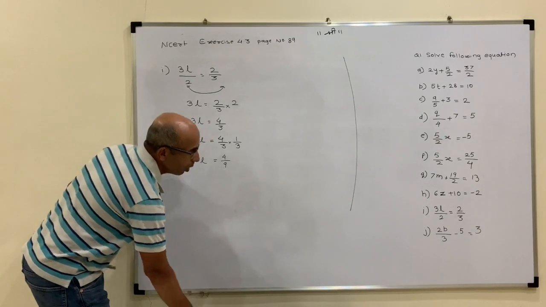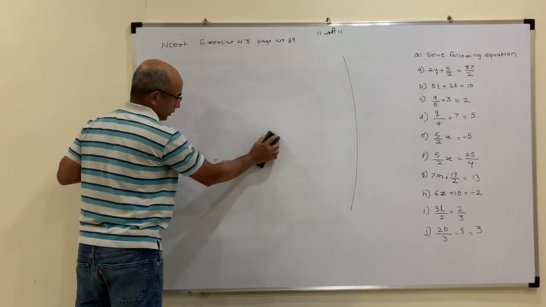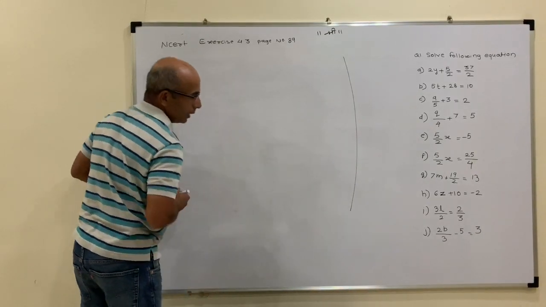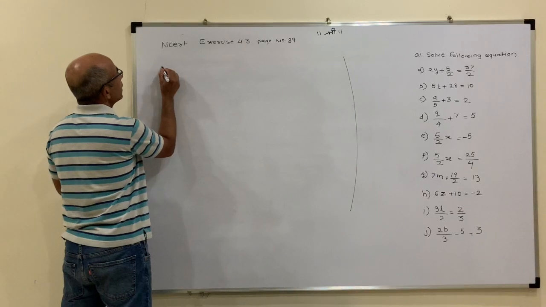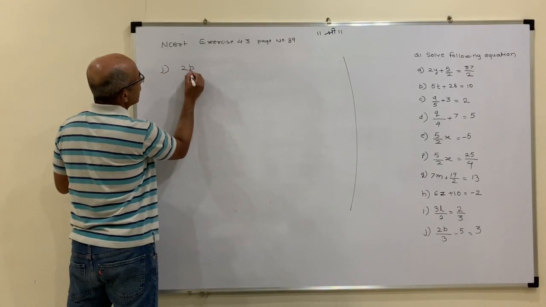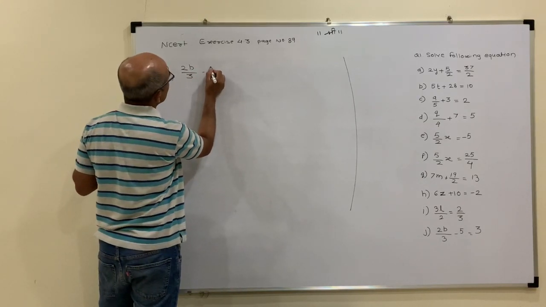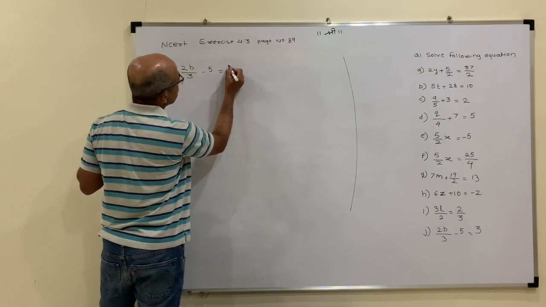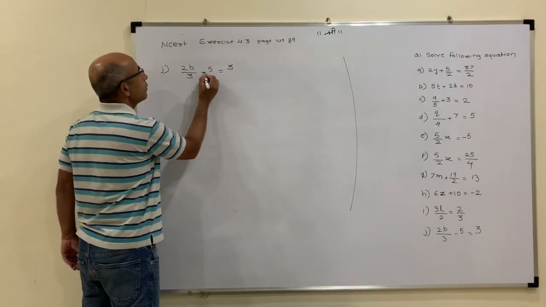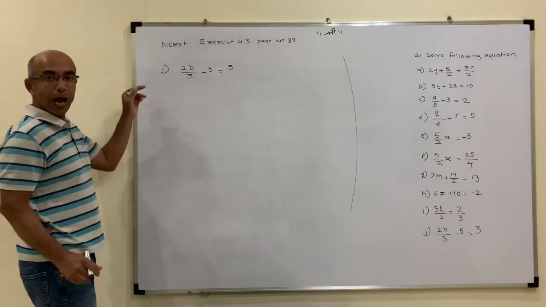Now we'll solve the last one, that is J. 2b divided by 3 minus 5 equals to 3. Now first, to find the value of b, I need to isolate b.